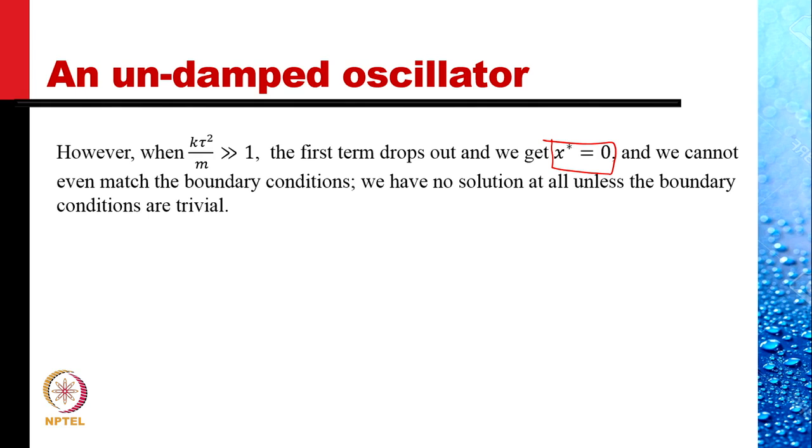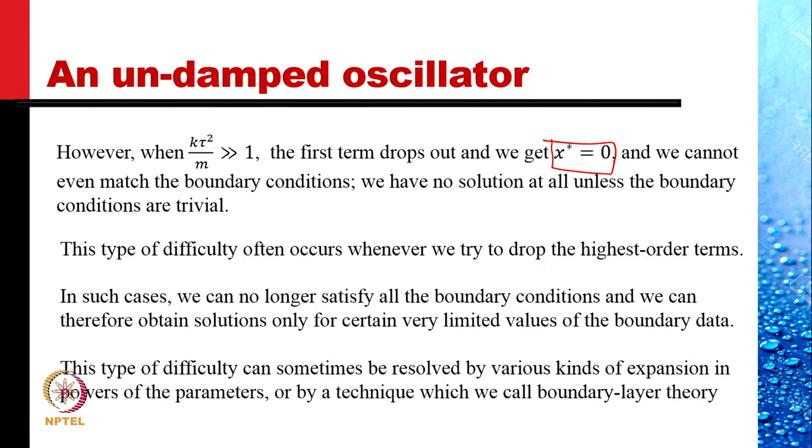This is much like the boundary layer of Prandtl. This is much like the high Reynolds number flow where we cannot satisfy the boundaries. And a similar solution would be in order. This type of difficulty often occurs whenever we try to drop the highest order term.